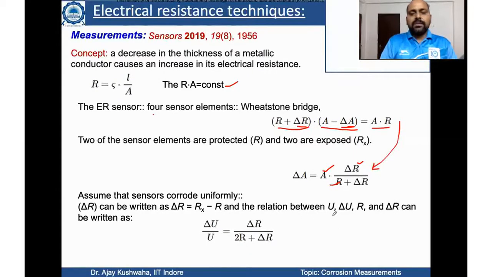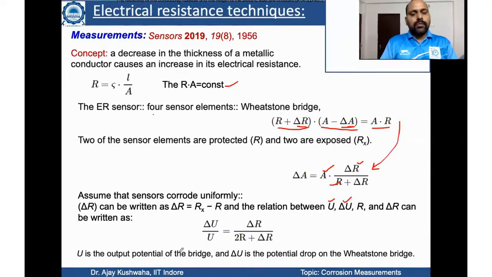And the relation between U and delta U, U is the voltage we get initially, and delta U is the voltage change due to the change in delta R. Okay, so it can be written as delta U by U is equal to delta R divided by 2R plus delta R. So U is the output potential of the bridge and delta U is the potential drop on the Wheatstone bridge. Right. So this is the mathematical formulation.